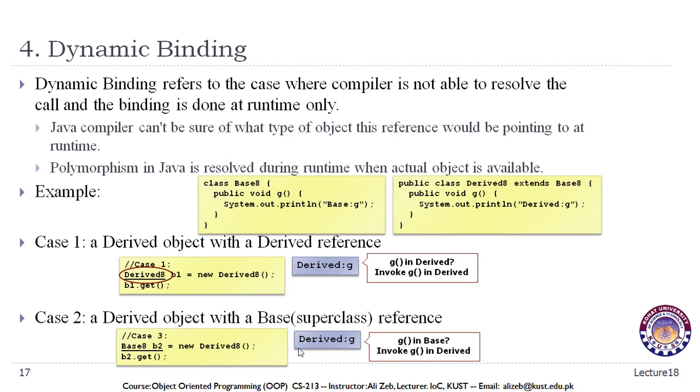This was the situation we saw when we had multiple subclasses of the superclass, and based on the object we were able to call the methods of each of those subclasses at runtime. That is, even though defined with the superclass reference, it will access the method in our subclass.